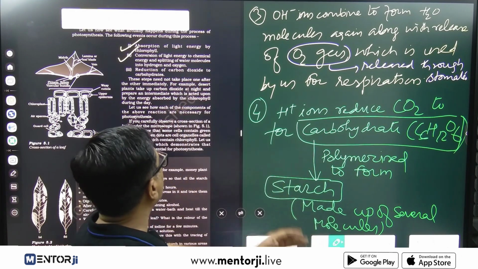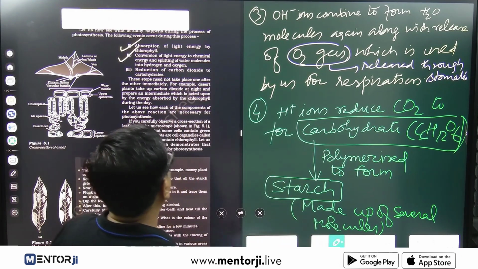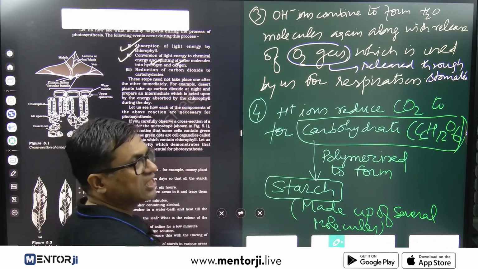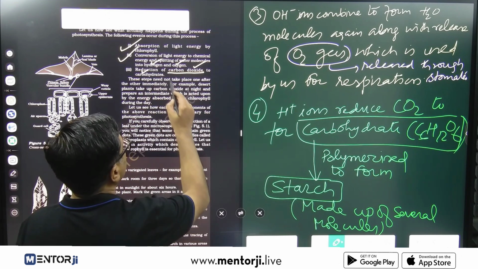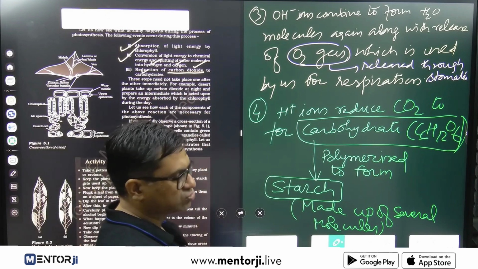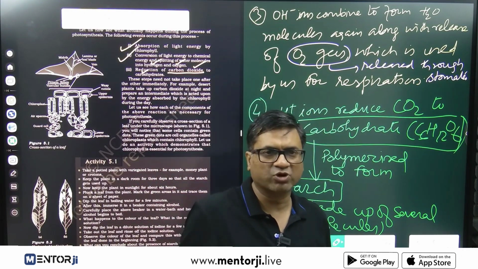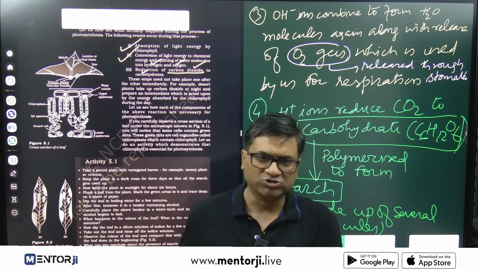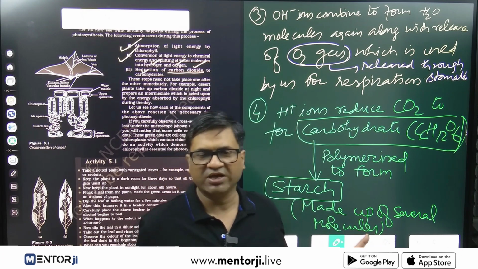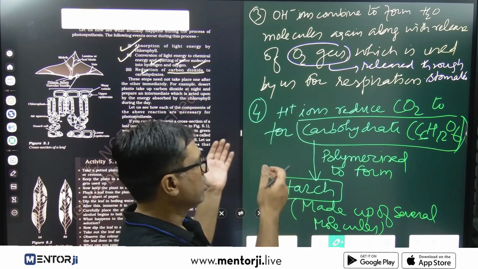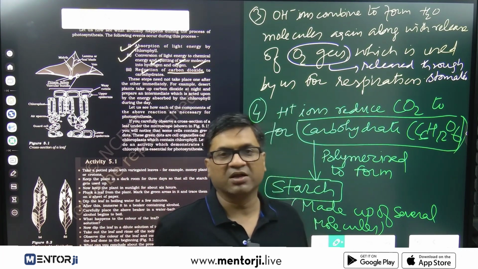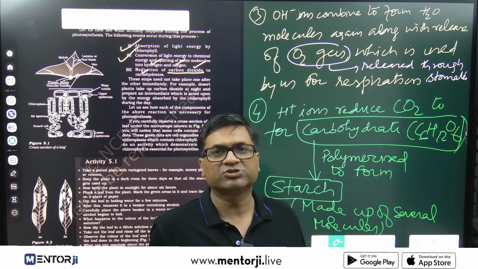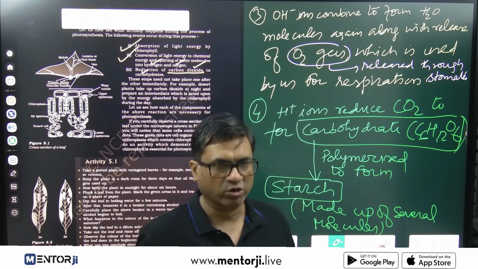There is a splitting of water molecules into hydrogen and oxygen, as we have discussed. Next, reduction of carbon dioxide into carbohydrates. These steps are also given in your book. If you write those steps, there is no problem, you will get full marks. And if you write these steps, these are very simple and elaborative, that makes your written value more.